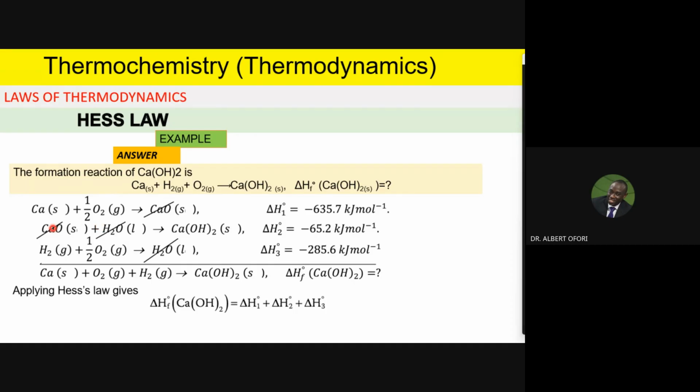So, for example, from equation 1 to equation 2, calcium oxide is on the product side and it's also appearing on the reactant side. So we just cross that out. It's not part of the reaction in producing calcium hydroxide. It's just a spectator reagent.